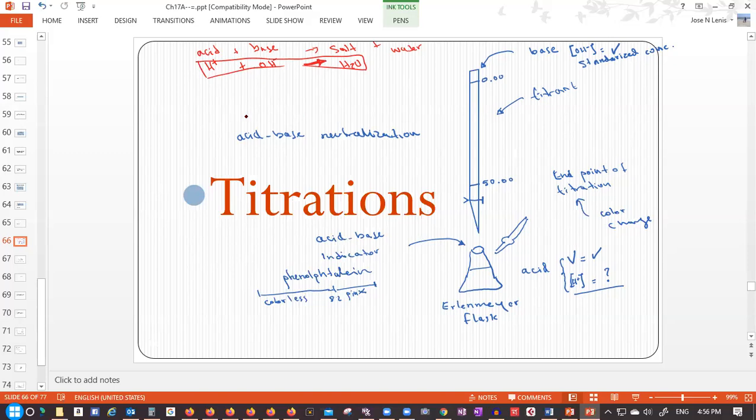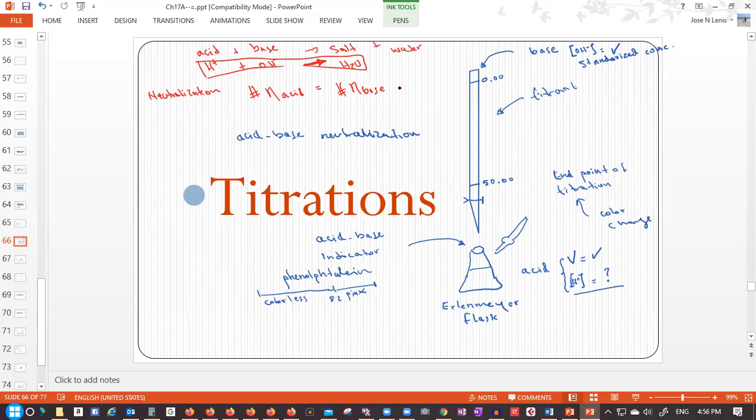So at the equivalent point for the neutralization, and we say neutralize, the number of moles of acid is exactly the same as the number of moles of the base. Number of moles of the acid equals number of moles of the base, and that's what we call neutralization.